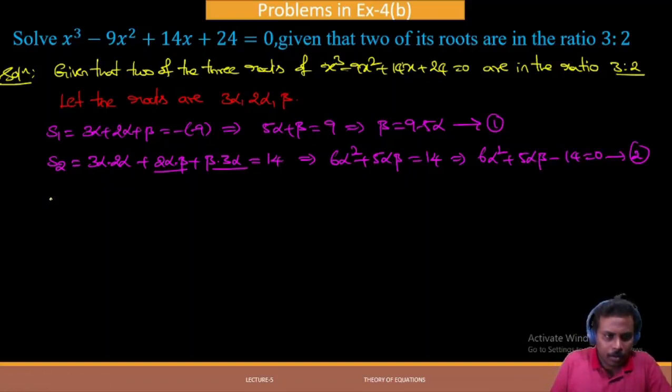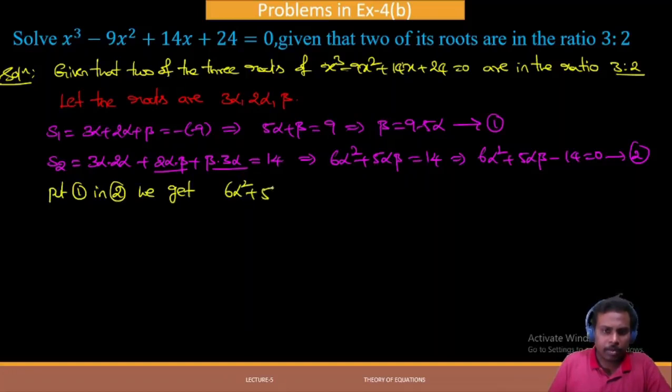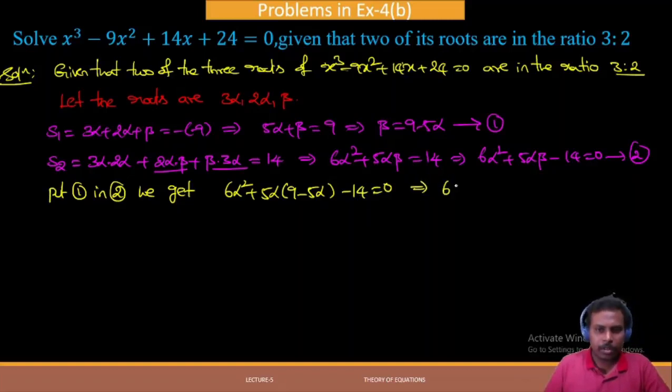Now put equation 1 in equation 2. We get 6 alpha square plus 5 into alpha into beta value, which is 9 minus 5 alpha, minus 14 is equal to 0. So this becomes 6 alpha square plus 45 alpha minus 25 alpha square minus 14 is equal to 0.